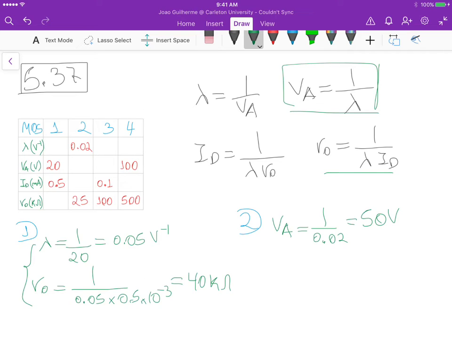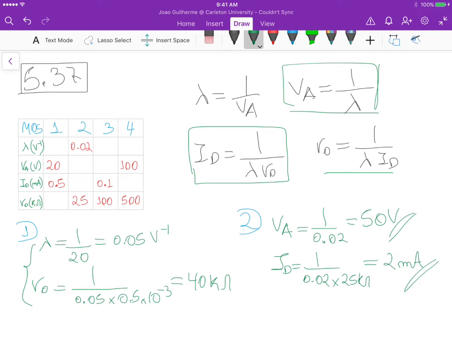The drain current is also missing, so for the drain current we can use this equation here because we know the output resistance and we know lambda. So ID is equal to 1 over 0.02 times 25 kilo ohms, and this is 2 milliamperes. So MOS 1 and 2 are done.